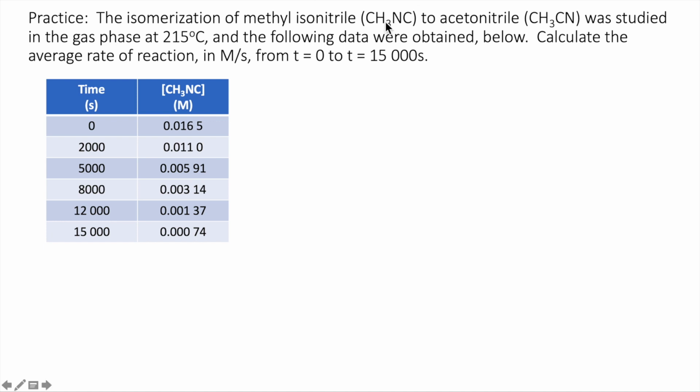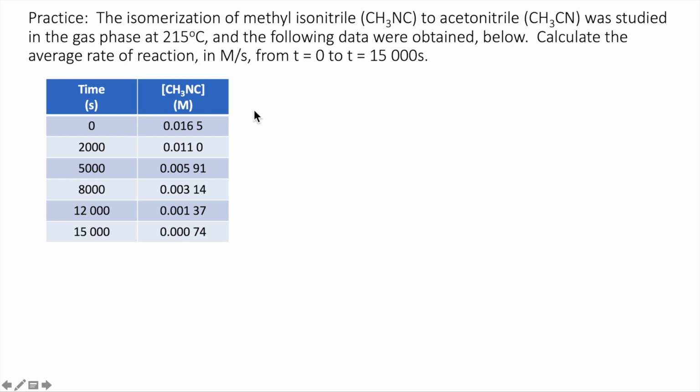And if you notice, this one is CH3NC, whereas this one is CH3CN. They both have the same formula, but how they're put together is different, and those are what's called isomers. So basically, you're converting this into this.